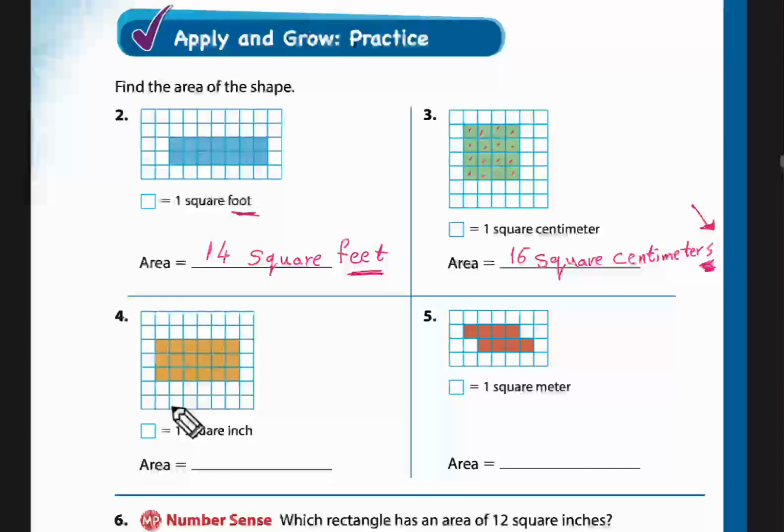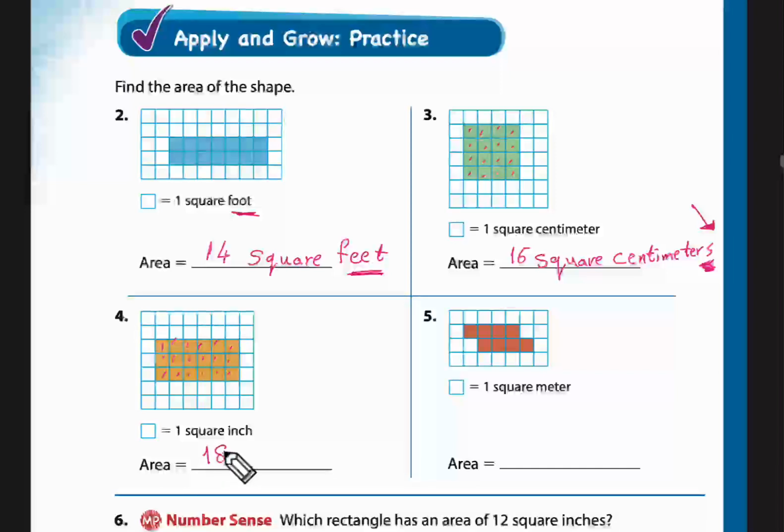Yes, teacher. Okay, Ahmad. Question number 4. 1, 2, 3, 4, 5, 6, 7, 8, 9, 10, 11, 12, 13, 14, 15, 16, 17, 18.